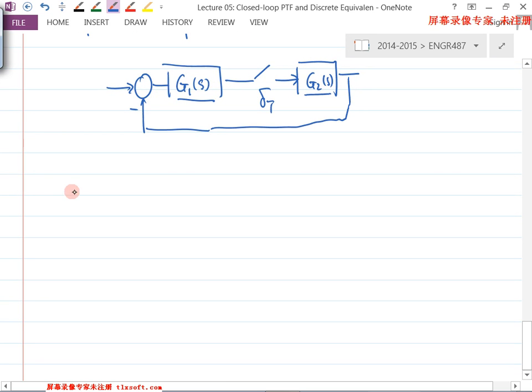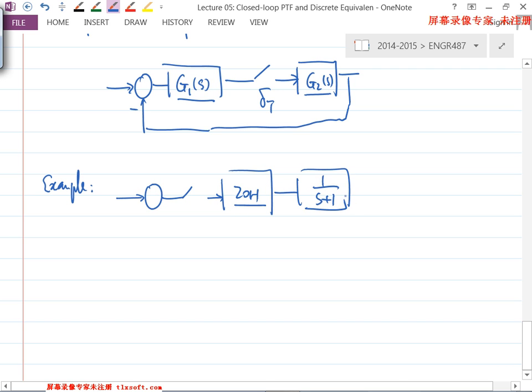Okay, so let's take a look at a specific example here. Basically, it's very similar to the example for the open loop one. So remember this block, that's open loop.